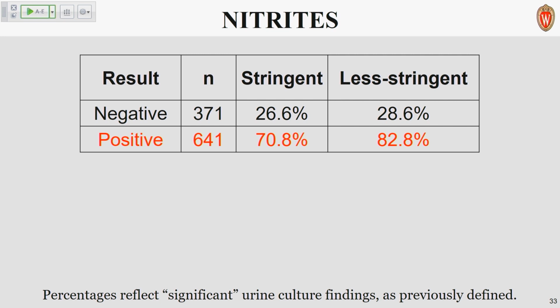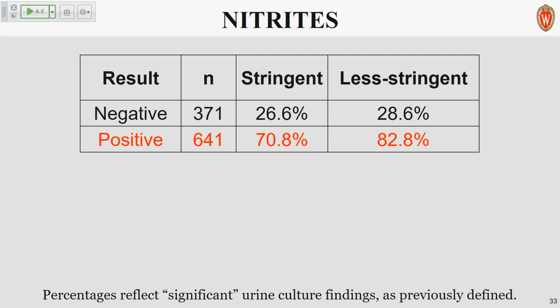Not great, but better than some of the stuff you're going to see in a couple of slides. If you added the equal contaminants to equal pathogen, we're increasing that predictability to about 80-ish%. Now, we have significant microbiology findings about 25% of the time with a negative nitrite result.